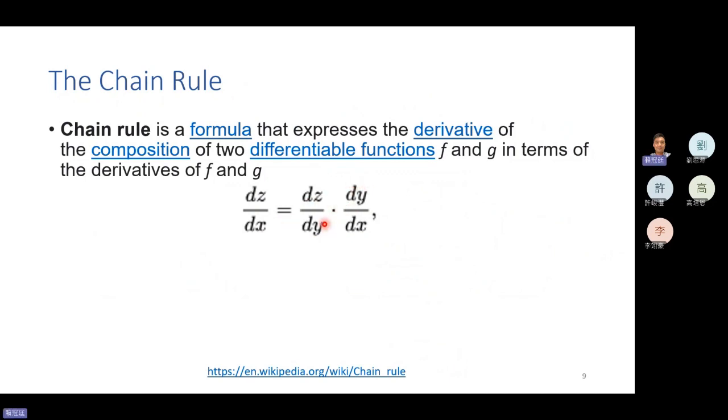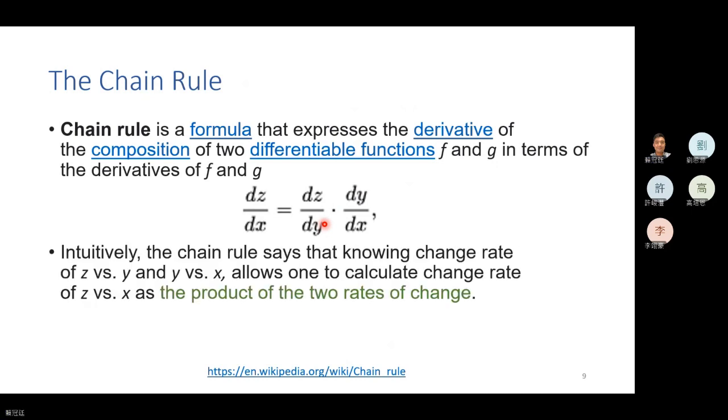So it has an intuitive explanation. Intuitively, the chain rule says that knowing the change rate of y with respect to u, and of u with respect to x, allows one to calculate the change rate of y with respect to x as the product of the two change rates. Okay, so I have an example.